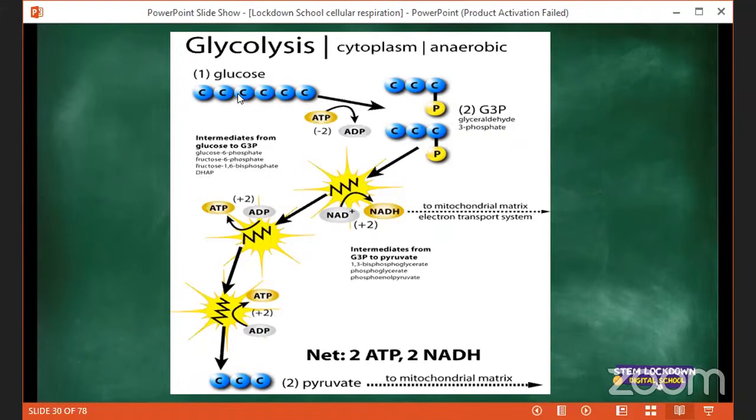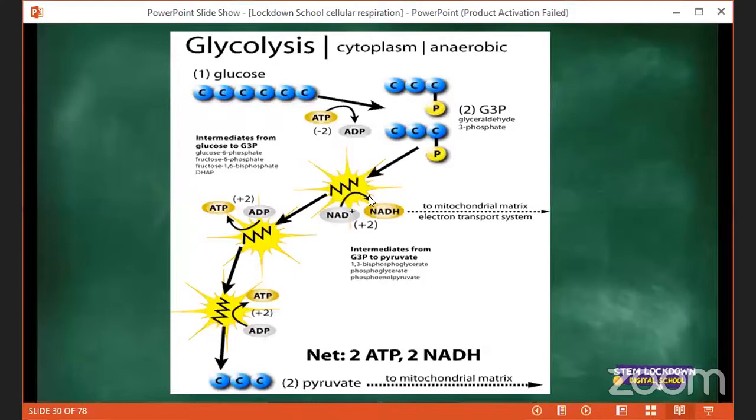Okay, and in order to move from glucose to G3P, we need ATP. So ATP is required for these steps. And then we have intermediates which form from G3P to pyruvate. Pyruvate is our end product of glycolysis. Your 2 pyruvates are our end product.